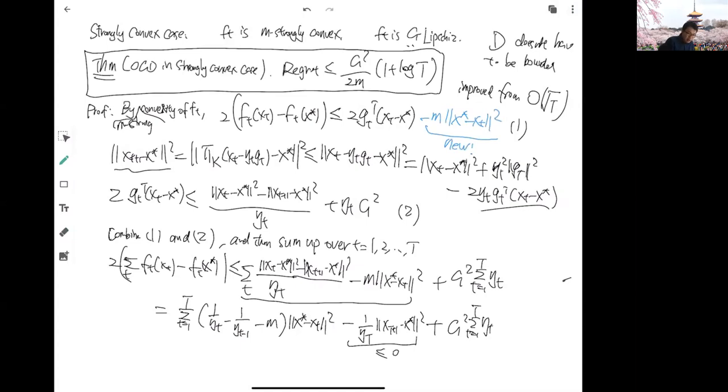So what is our choice of the learning rate? Actually, I forgot to state this in the theorem. So let's add that. Assume ft is m strongly convex, choosing eta t to be 1 over m times t.